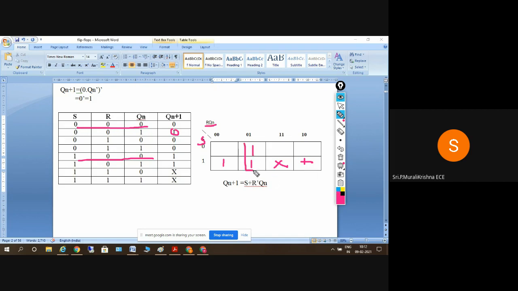So the grouping will be like this. What is this one? 0 1, this is R bar Qn. And I can take this group of 4 here. What is this? This is S. So this is the equation here.